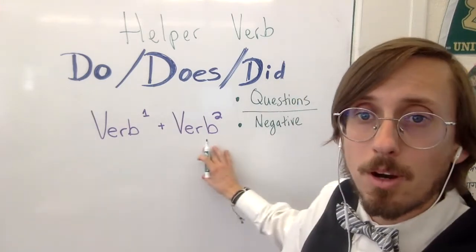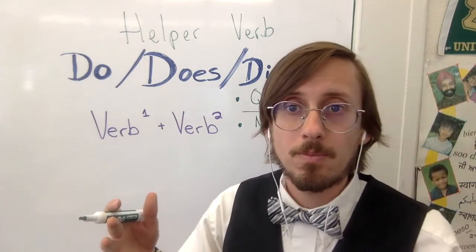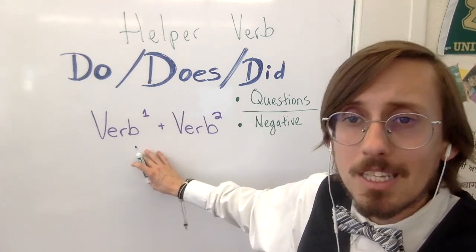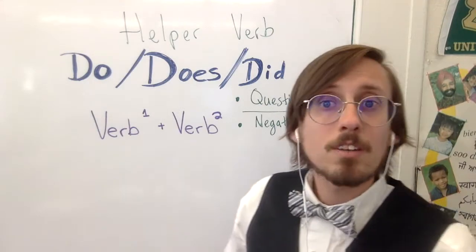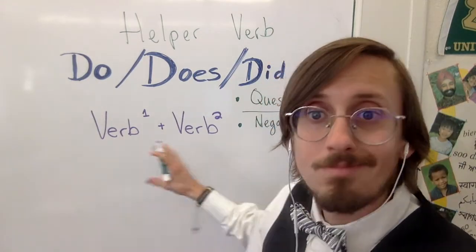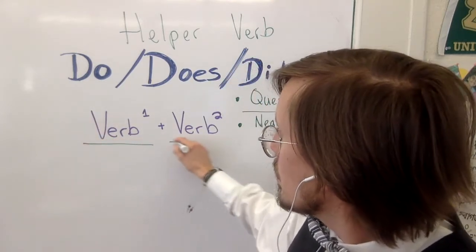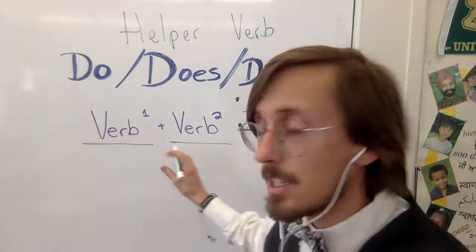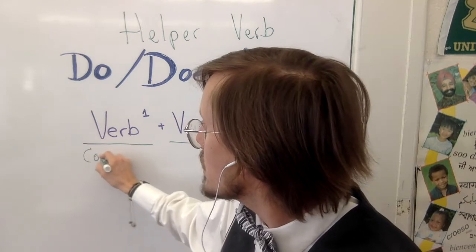Now, this part may exist in your language. It does exist in many, many languages. There's a two-verb rule. For example, in Spanish, this two-verb rule is very similar. The two-verb rule says that if two verbs are working together, the first verb will get the conjugations.